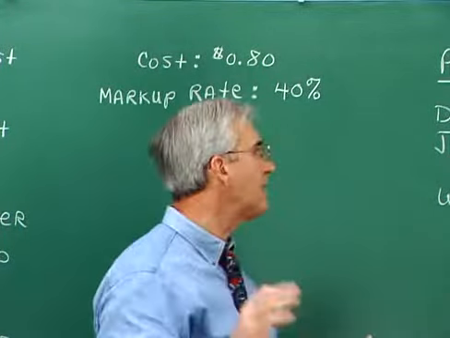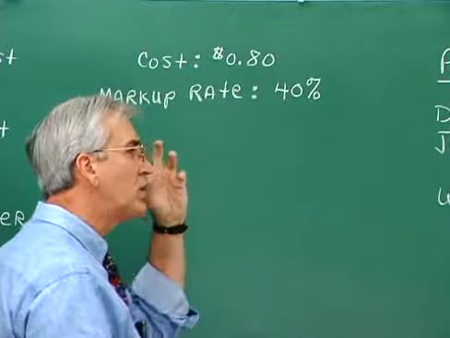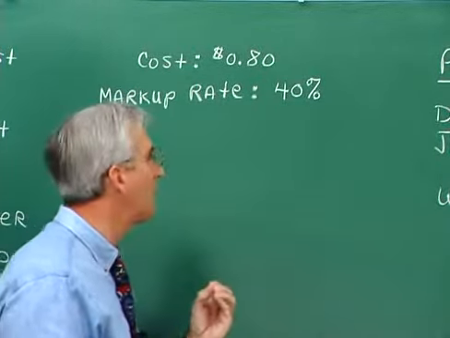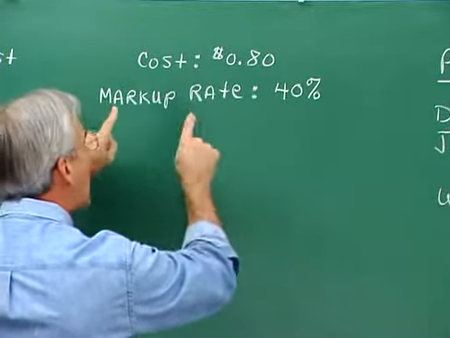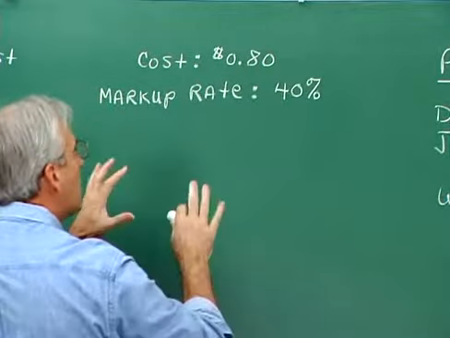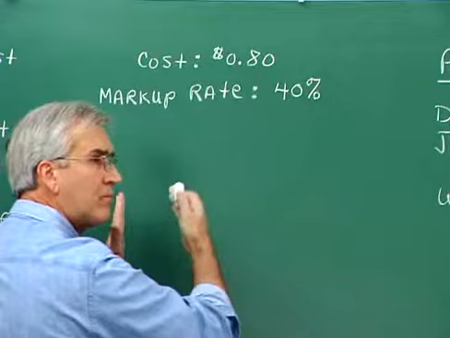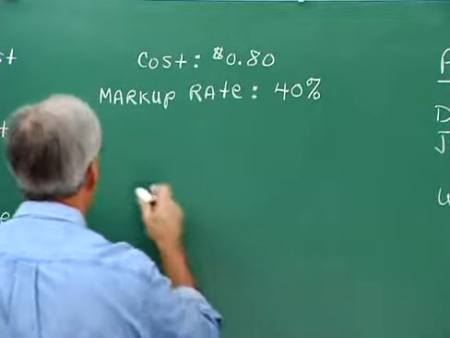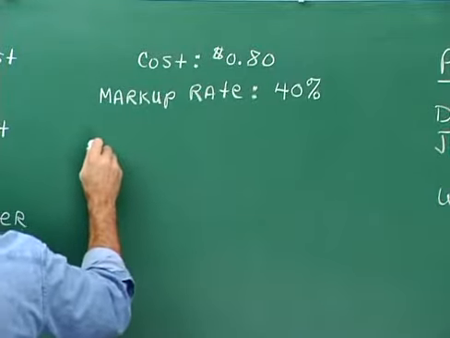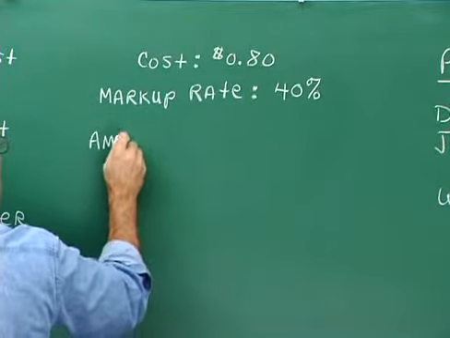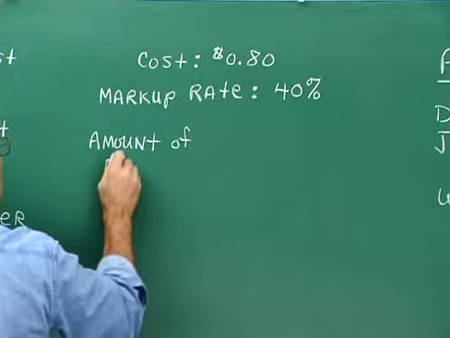So when you see the idea of cost and a markup rate, the general idea that you want to jump out at you is the notion of the amount of the markup. That is, the markup is found by taking some percent of the cost, some percent of the amount that we paid for this item. So you might jot something down like this. The amount of markup.